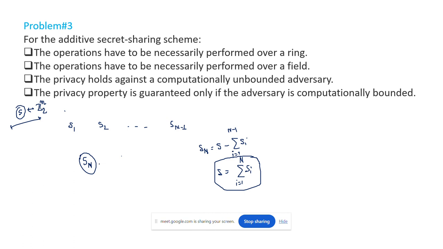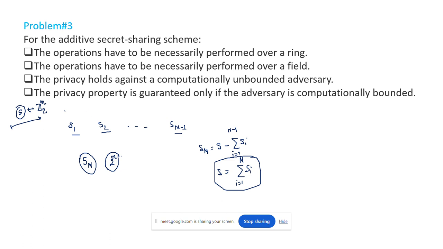Sn is also an n-bit binary string, so it can have 2 to the power n possible values. The adversary may iterate over all the 2^n possible values for Sn, but still it will not know anything about Sn because it does not know S, and each of them is independent of S.